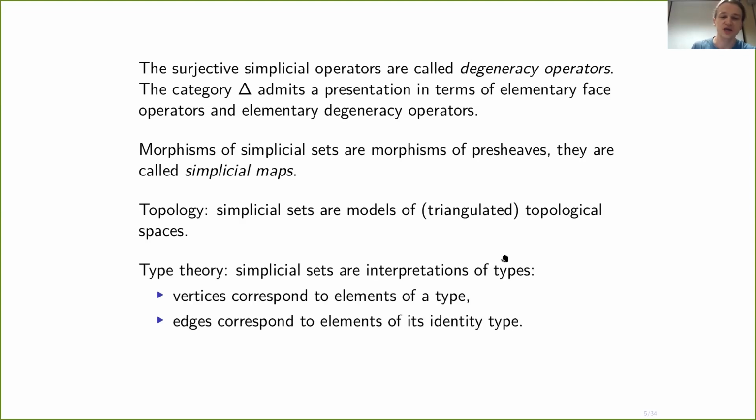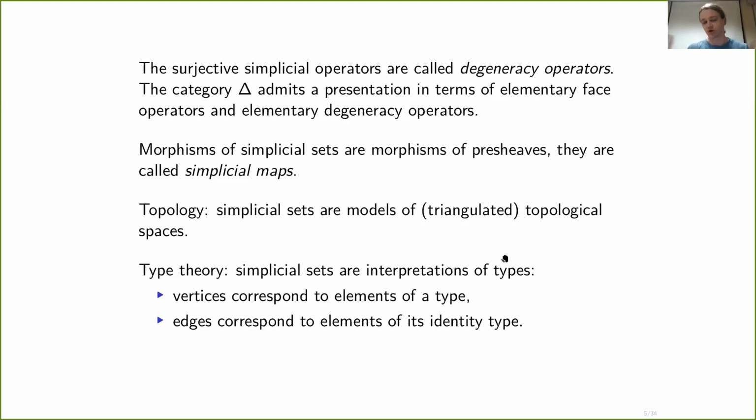For type theorists, I could say that we can think of simplicial sets as interpretations of types, where we think of vertices as corresponding to elements of a type and edges as corresponding to elements of its identity type. And of course, higher simplices are supposed to in some ways correspond to elements of higher identity types on our type, but that correspondence is fairly complicated because the shapes of simplices do not match up with the shapes that we get out of identity types.